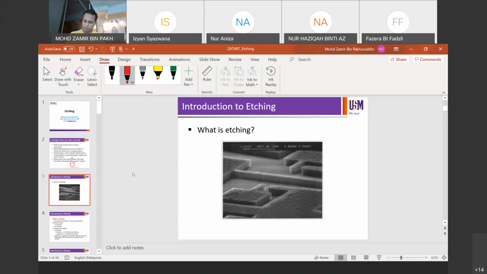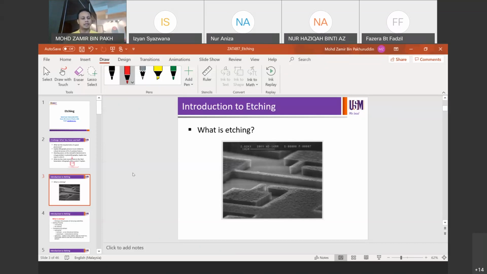Ada etching dalam your FYP sebelum ni? Etching of anything. Have you ever etched anything during your experience in School of Physics? Pernah etch apa-apa? Have you ever etched anything? Nope. Right.